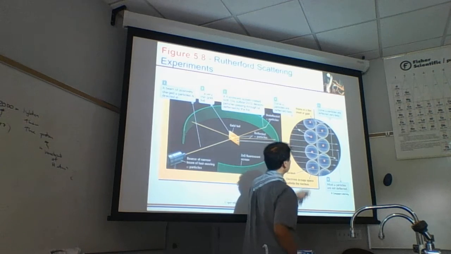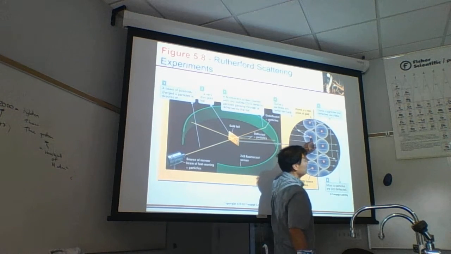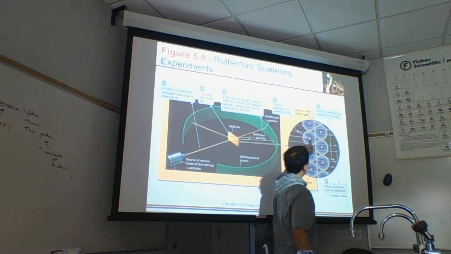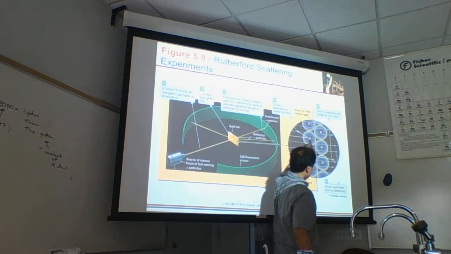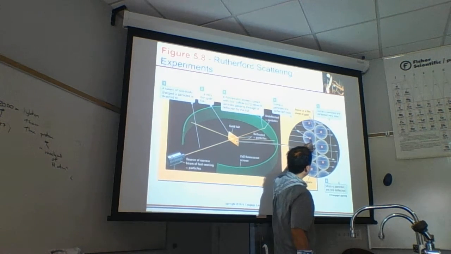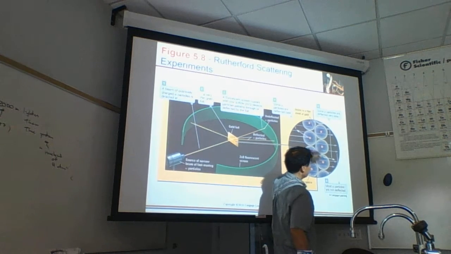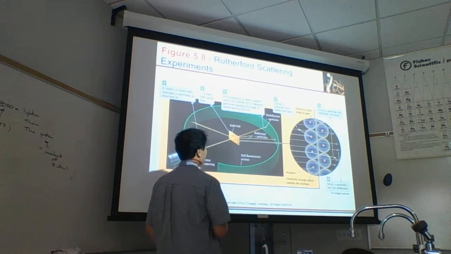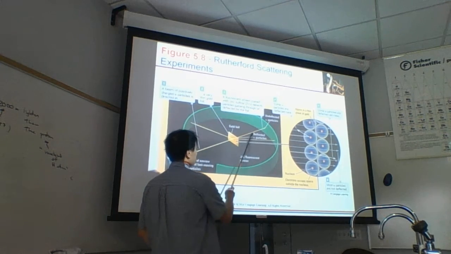No. And so they speculated that these very dense parts or components of the atom must be positively charged. And so this is the nuclear atom model. The nuclear atom model came about because of the scattering of the alpha particles.